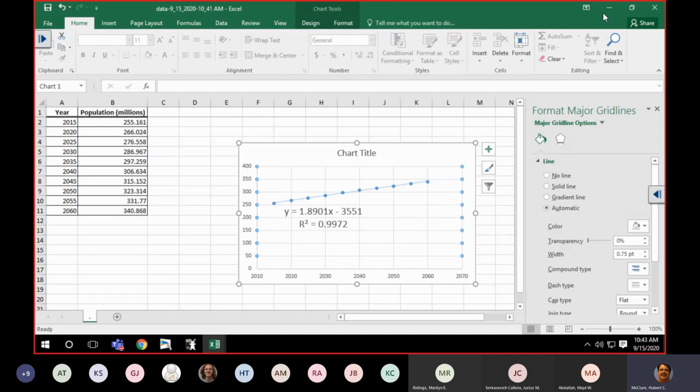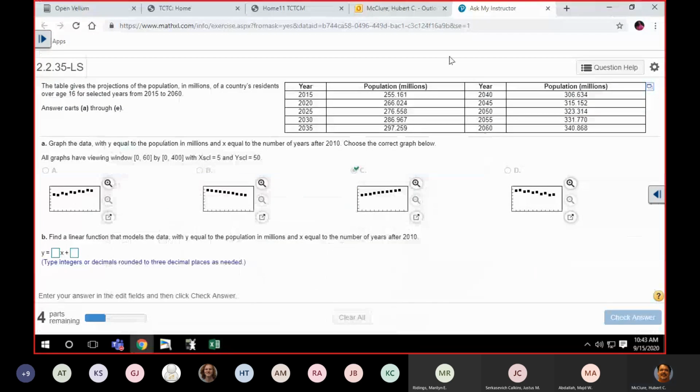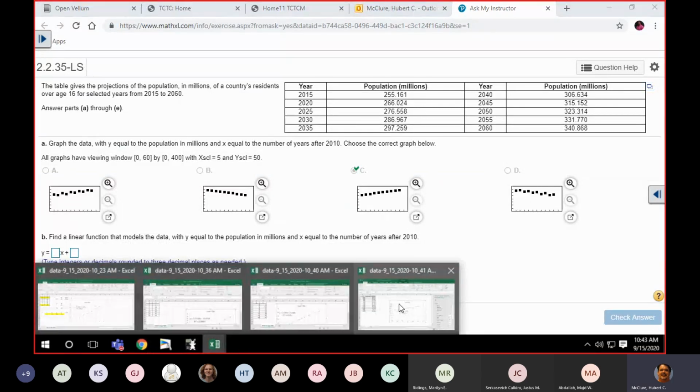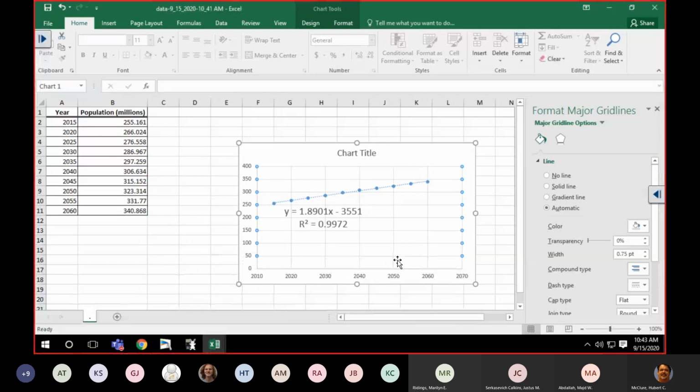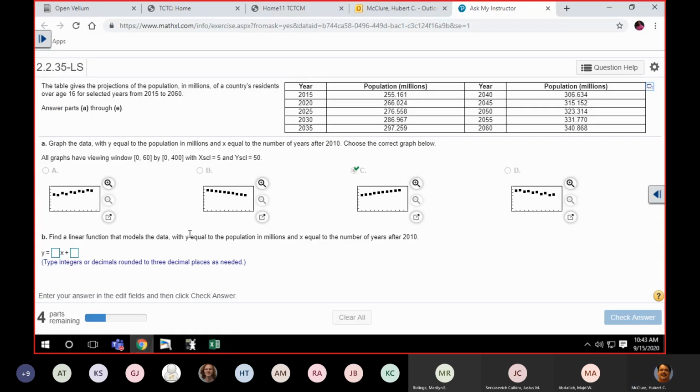Let's see what the question's asking. Well, let's see what it looks like. Let me pull up the graph again, sorry. And it looks pretty straightforward, left to right up, and it's pretty much in a straight line. This is not it. This is not it. This is maybe. This is not it, so it's got to be C. Got that right.